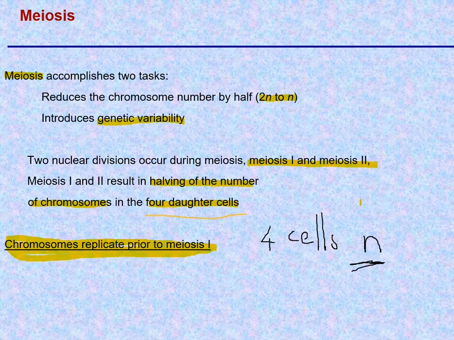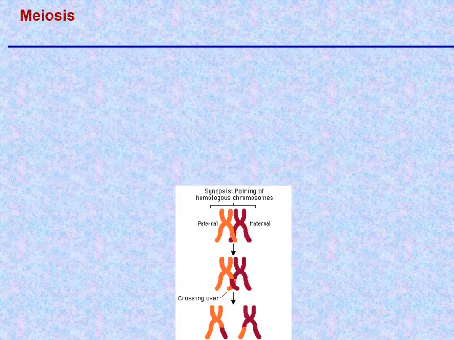So if you're starting with a cell that's 2N and it doubles everything, then you have 2 copies, and then if it goes through meiosis 1 and meiosis 2 and reductive division and cell division, you'll end up with 1N in each of the produced so-called daughter sperm cells.